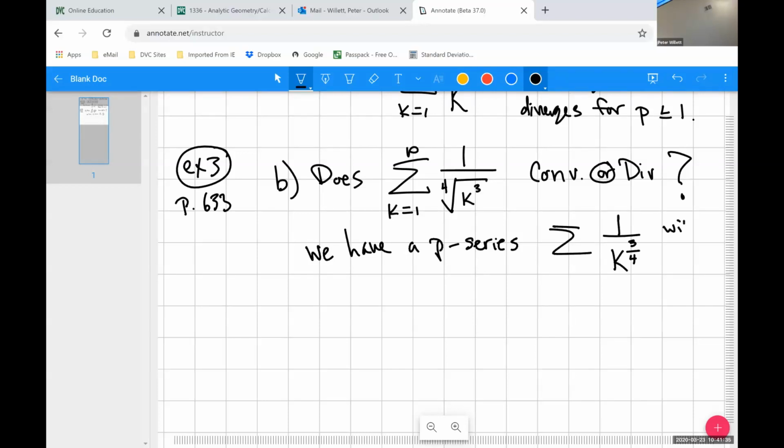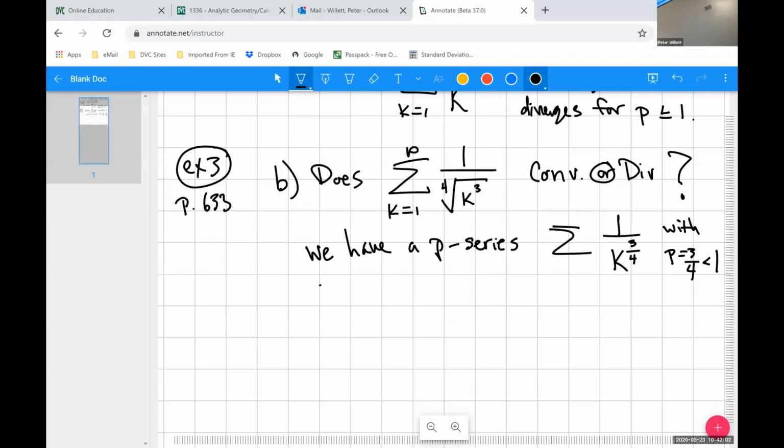with p equal to 3/4, which is less than 1. And so if we have a power less than 1, what do we conclude about the series? It diverges, right? And it diverges because the p-value is less than or equal to 1.